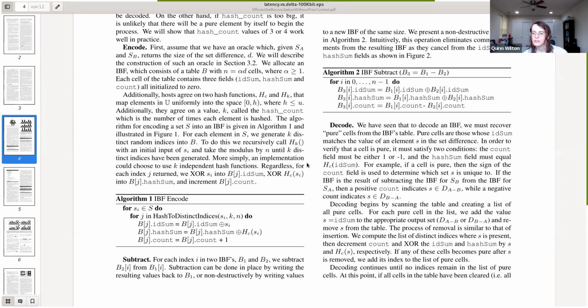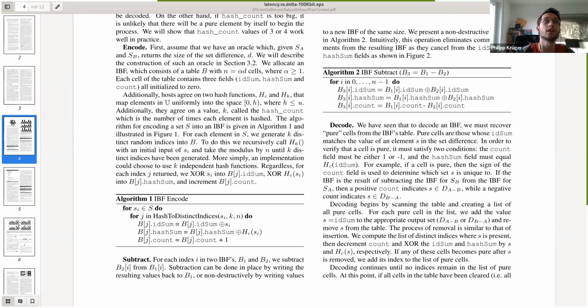It does seem like it's probably a big issue though, because hash count is like 3 or 4, at least empirically. And if you happen to generate the same cell twice and you're picking 3 of them, you have just reduced your hash count from 3 to 1 by accident, at least as far as the XORing is concerned.